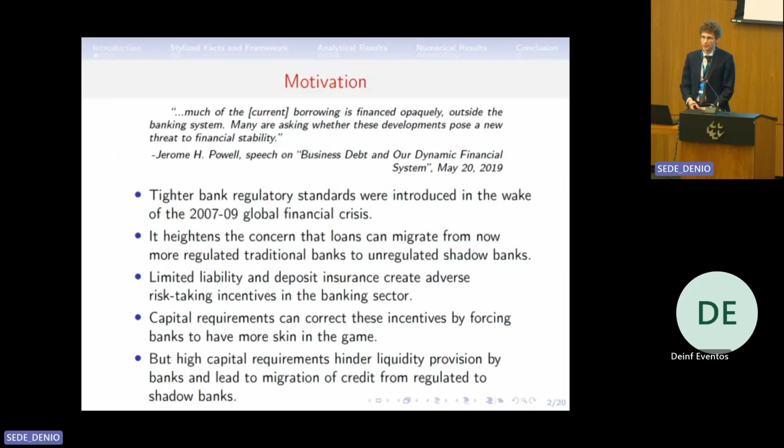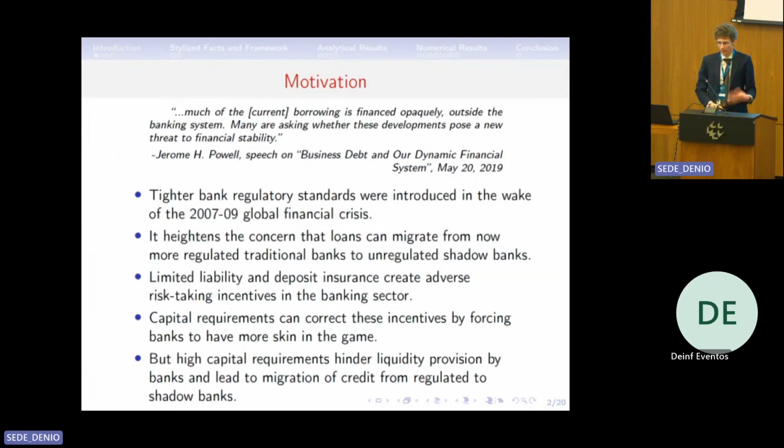In this paper, I explore how the competitive interactions between these two types of banks affect the design of optimal capital regulation policies. In the framework I have in mind, regulated banks can take on excessive, socially inefficient risk because limited liability and deposit insurance provide incentives for banks to shift from safe to risky assets in their portfolio of loans.